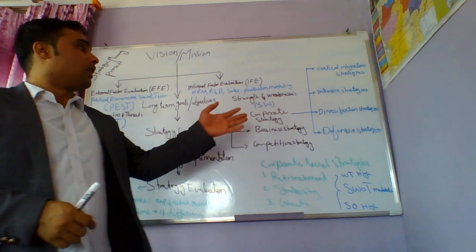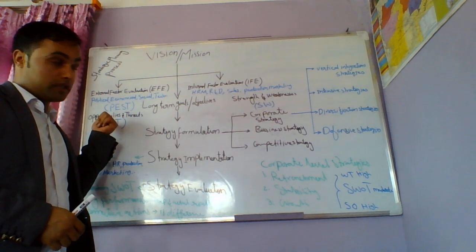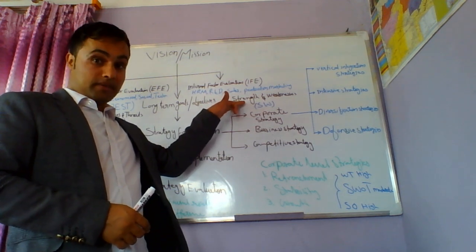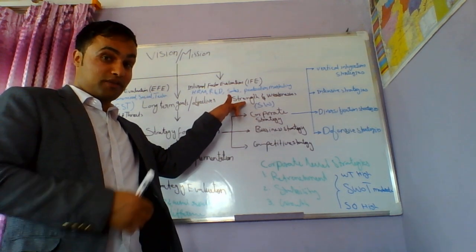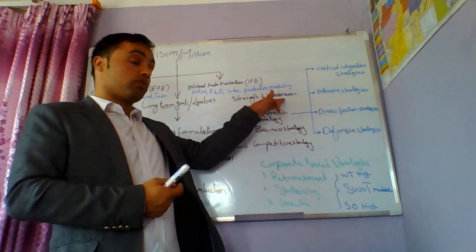For the opportunities that you have found, you have to see your strengths. Do you have the strengths to achieve those opportunities or not? You are also going to see your weaknesses.